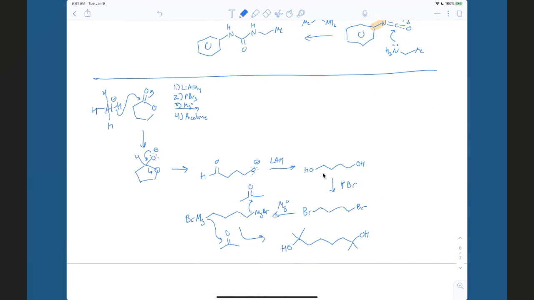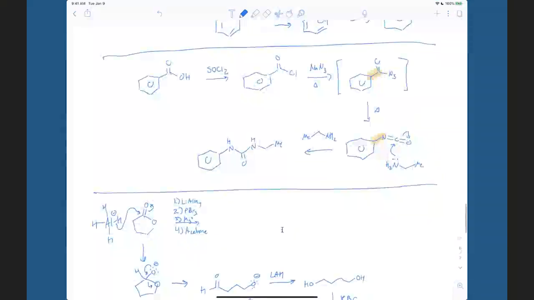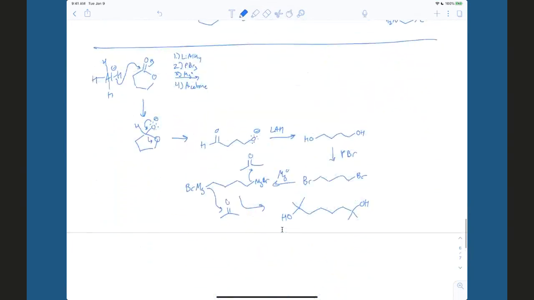And that'll give you this double tertiary alcohol. For the person who wanted me to write out the steps, I'm not sure which steps they wanted me to write out, if they wanted a mechanism or not. But hopefully that is good enough for number 7 on exam 4.